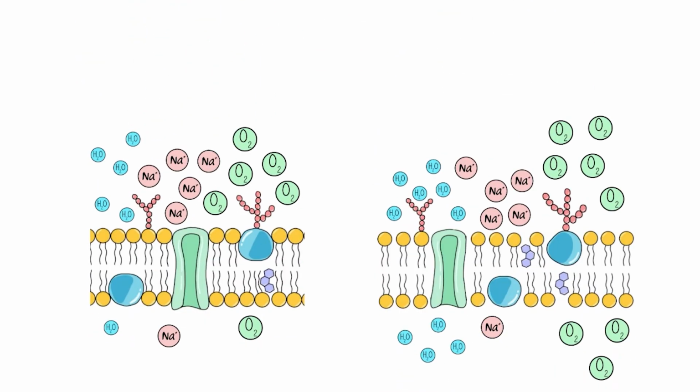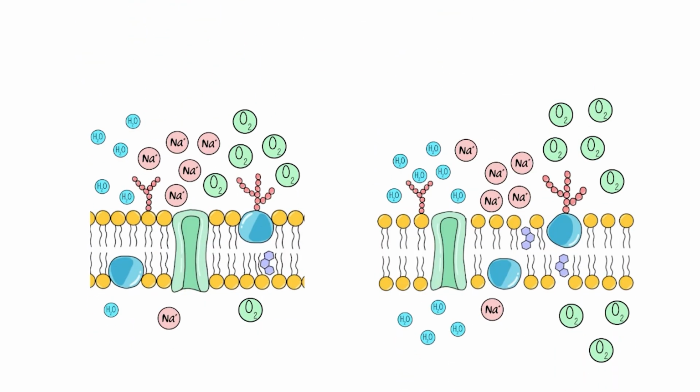But regardless of whether it's a small molecule or a large molecule, all of these molecules will diffuse across the membrane faster if the membrane is more fluid, because the space between the phospholipid molecules will increase, making it more permeable. So if the membrane is more fluid, then diffusion can occur at a higher rate, and if it's less fluid, then diffusion will slow down, even if it's the same molecules that are diffusing across.